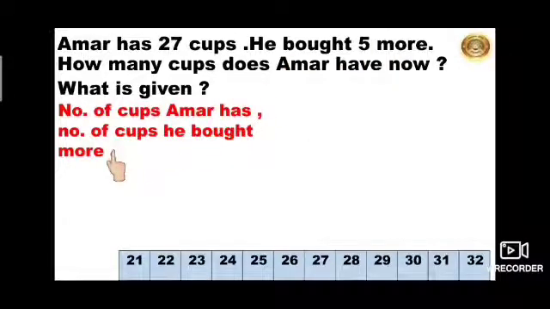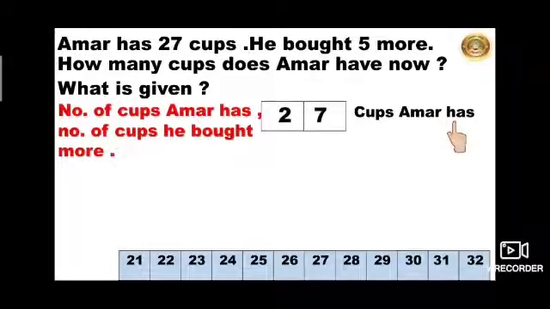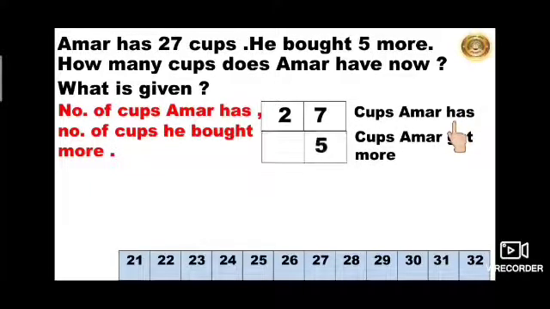The number of cups he bought more. That is given here in the question. So how to write that? We have to write like this: the number of cups Amar has is 27 and the number of cups he got more is 5.